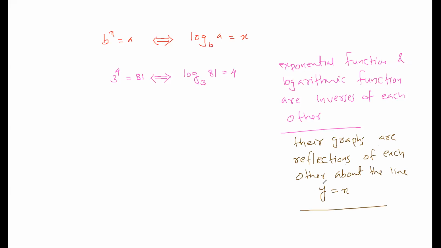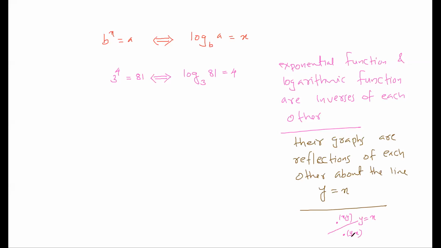Reflection of दोनों y is equal to x. That line is a mirror है तो दोनों एक दूसरे का इनवर्स है. क्यों y is equal to x में रिफ्लेक्शन, suppose this is y is equal to x, तो उसका मतलब इधर x, y है तो उसका रिफ्लेक्शन इधर हो जाएगा y, x.